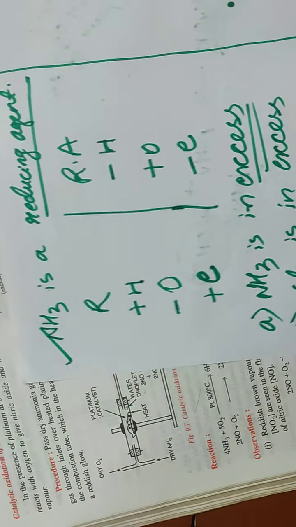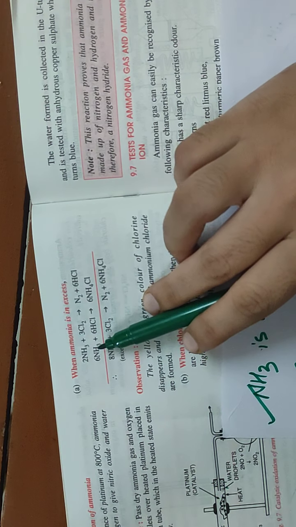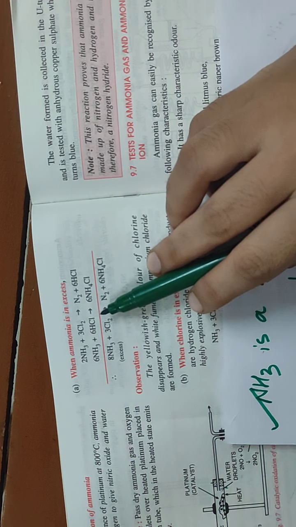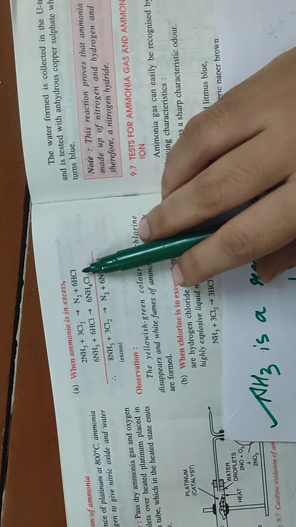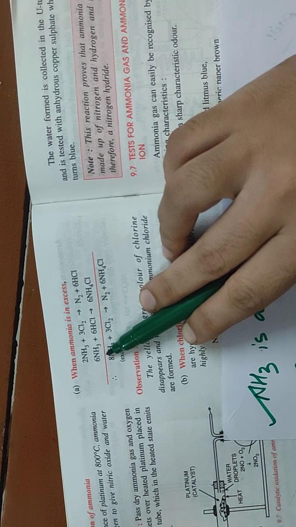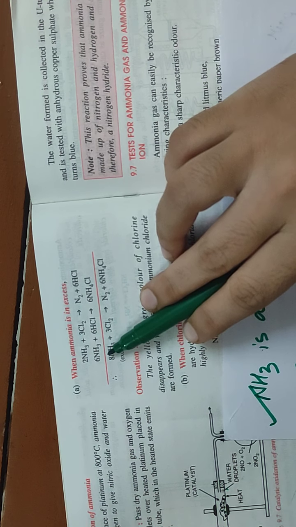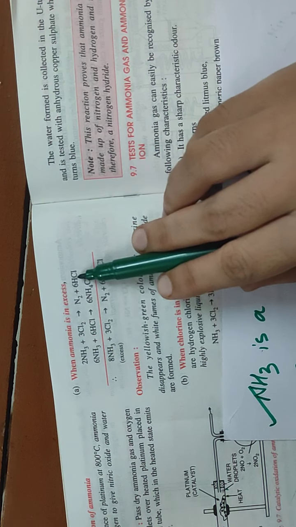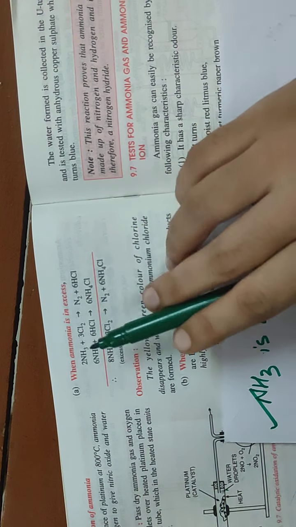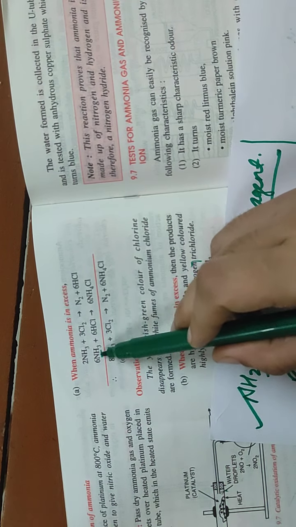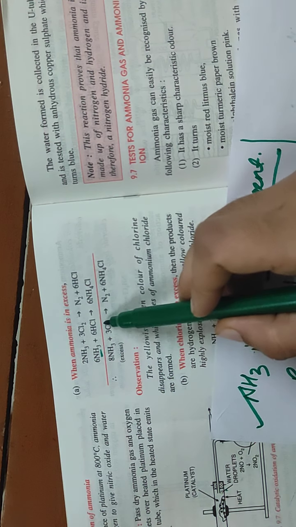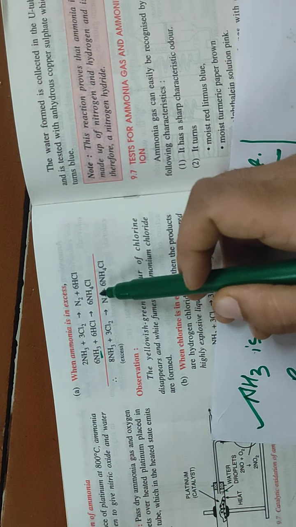Got it? So when ammonia is in excess, the first equation is ammonia reacting with chlorine to give nitrogen and HCl. Since ammonia is in excess, the excess ammonia will again react with HCl to give you ammonium chloride.